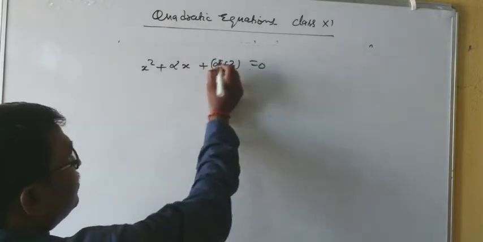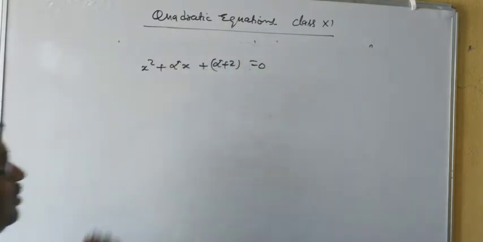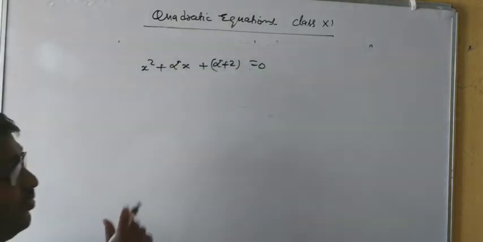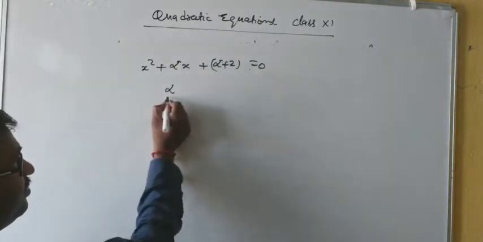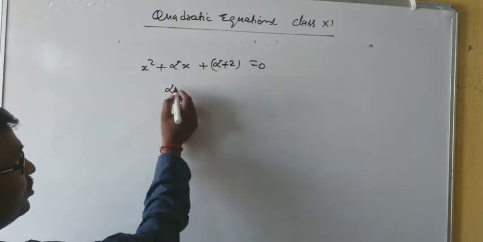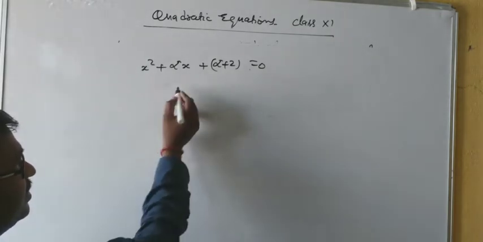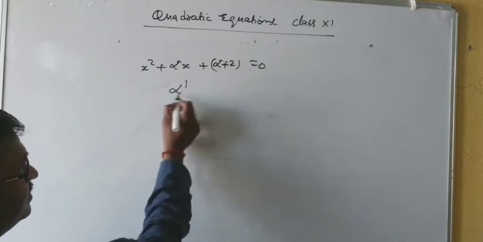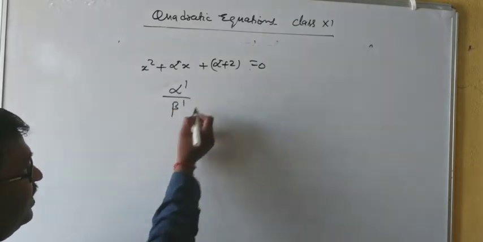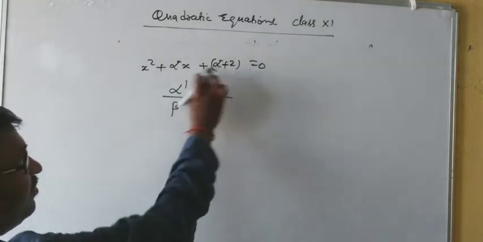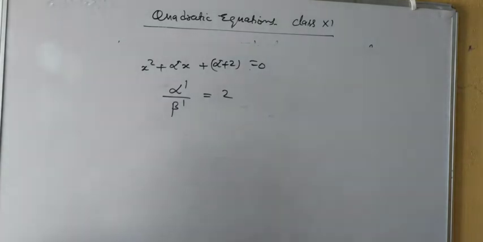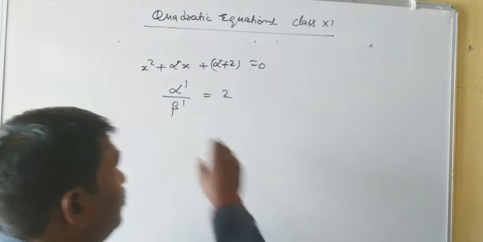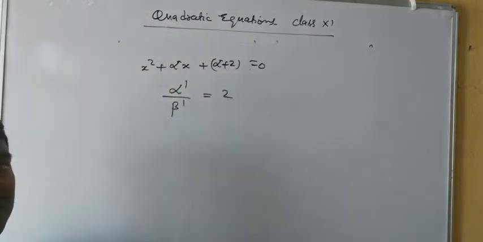This is your alpha. Let the roots be alpha dash and beta dash, so alpha dash upon beta dash is 2. Since alpha is given here, the equation is in terms of alpha, that's why you can take the roots as alpha dash and beta dash.